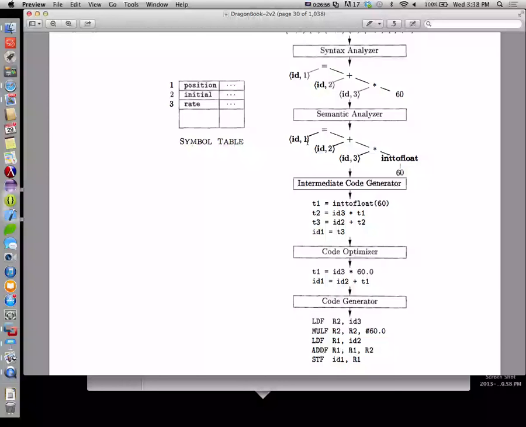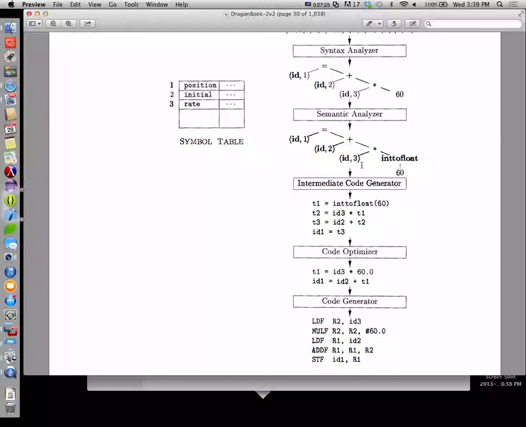Okay, so why has it stripped away the tokens? What does semantic mean? It's a funny way to ask the question, right? What does semantic mean? Semantic means, what is the meaning of something? So we're going through and we're analyzing our tree to bring some additional meaning to what we're actually trying to accomplish. Okay?